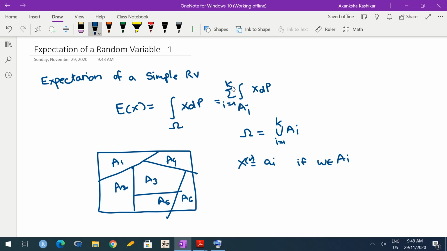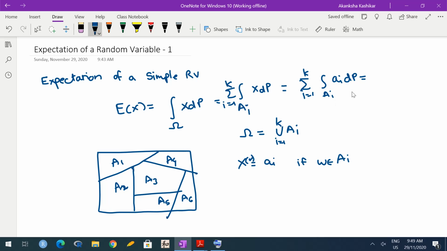Omega is a union of A_i's and A_i's are disjoint because they form a partition. So we know that this integral can then be split into k integrals. And now over A_i, the value of X is just small a_i. So this becomes the sum over i going from 1 to k of the integral over A_i of small a_i dP.